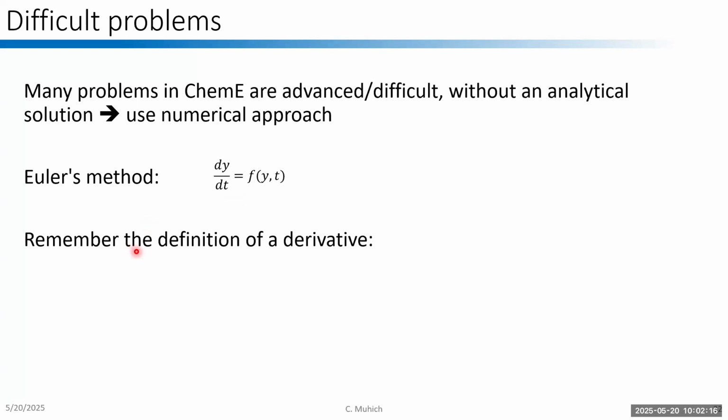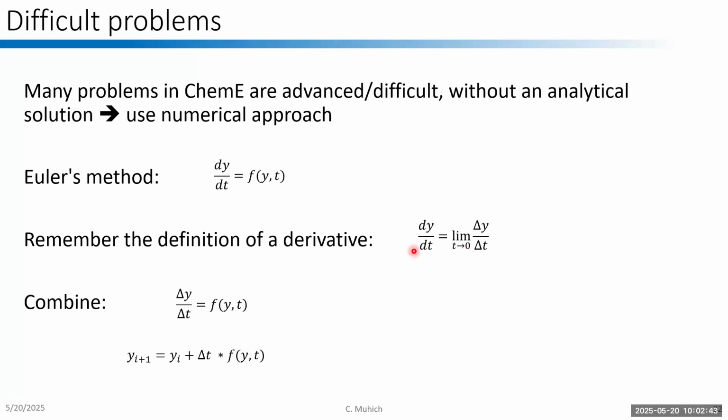So I'd like you to remember the definition of a derivative. The definition of the derivative is dy/dt is the limit as Δt goes to 0 of Δy, some change in y, with respect to t. What we're going to do is approximate this derivative not at the limit of Δt going to 0, but at some fixed Δt value.